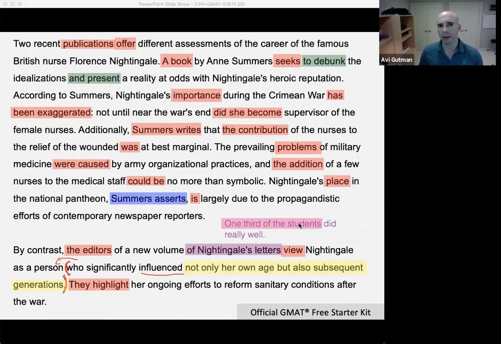I think another good exercise might be to just search for prepositions, right? Take a passage. It could even be a reading comprehension passage from the GMAT, and just highlight all of the prepositions. So the words like of, to, by, in, under. There's a list of common prepositions in the sentence correction strategy guide.